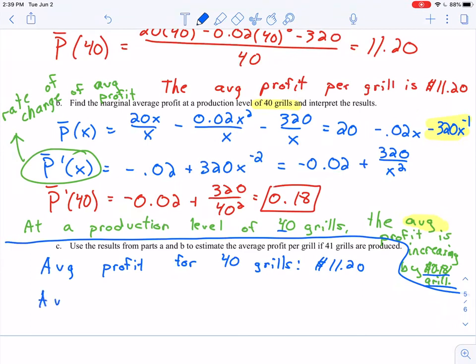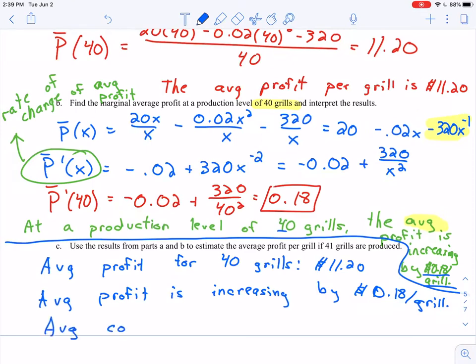So I also know that the average profit is increasing by 18 cents per grill. So if I want to add in one more grill, so if I want to estimate the average profit of 41 grills, I really just want to add on one more grill.